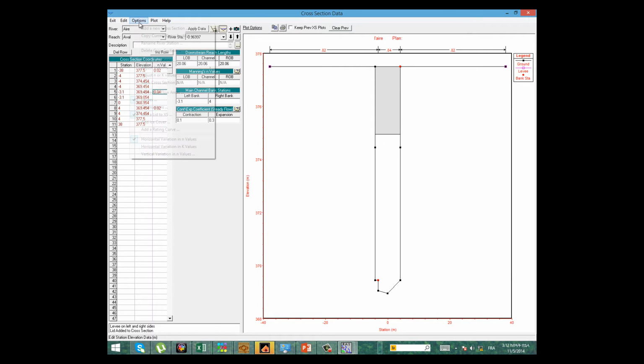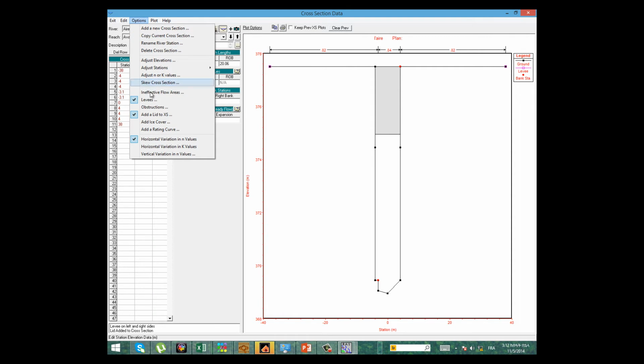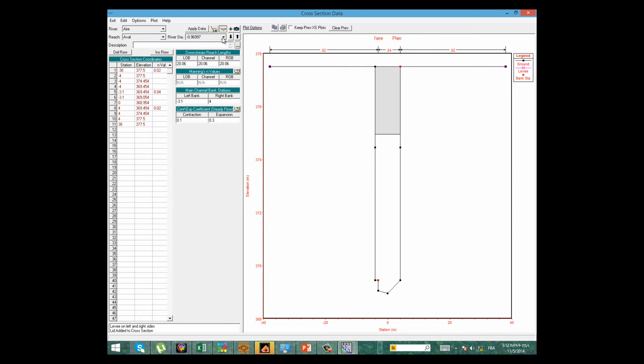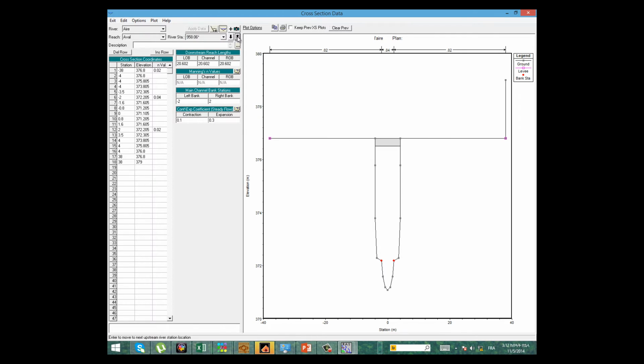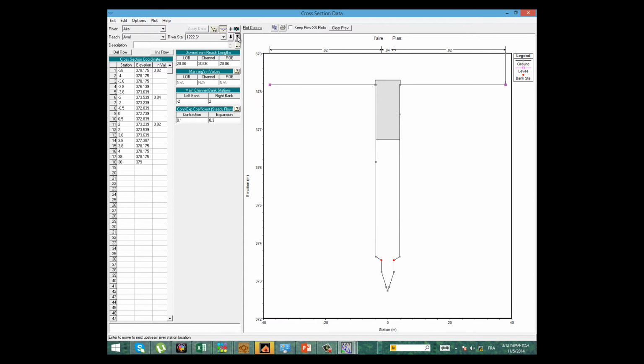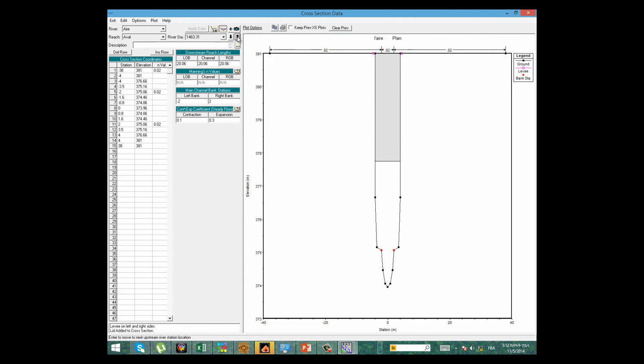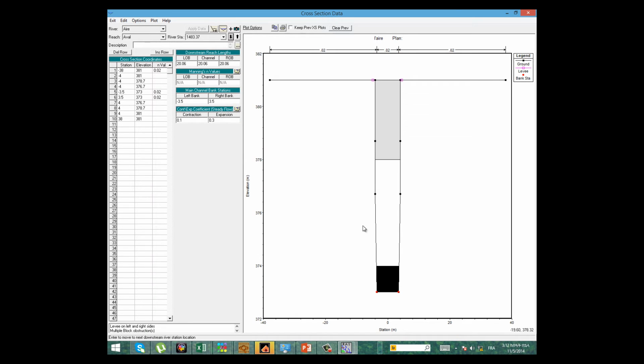As the other thing, there are also obstructions. There is an obstruction in this tunnel somewhere else. You see, this is an obstruction. It's just a block, a section that is blocked to a certain level.